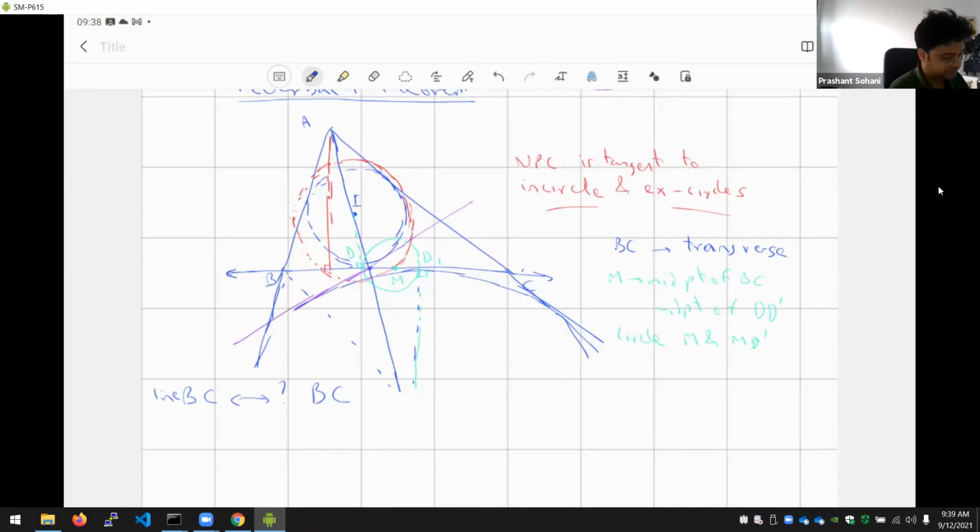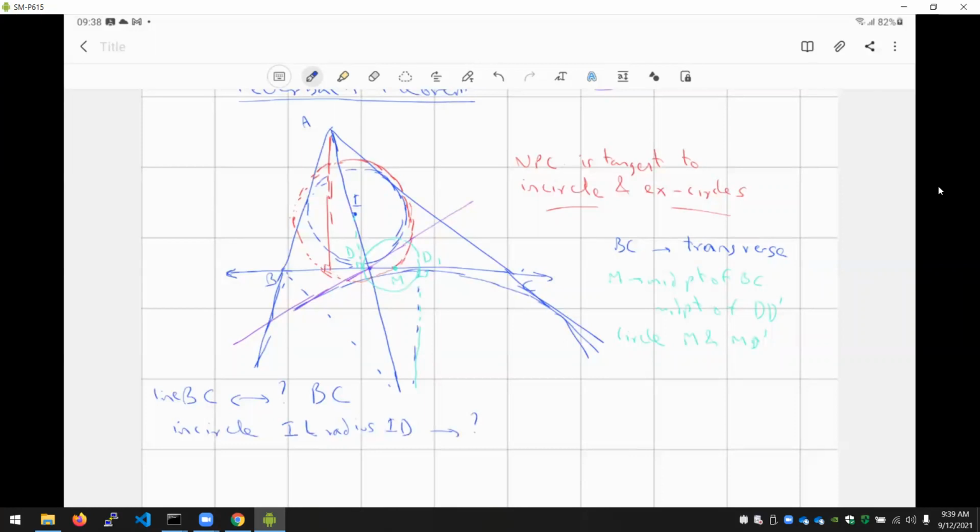What about the incircle? The incircle is the circle with center I and radius ID. Sir, it will also remain as it is because it is orthogonal. Exactly. The point to be noted is that the incircle and excircle are both orthogonal to this blue circle, because at the points D and D1 there is a 90-degree angle.